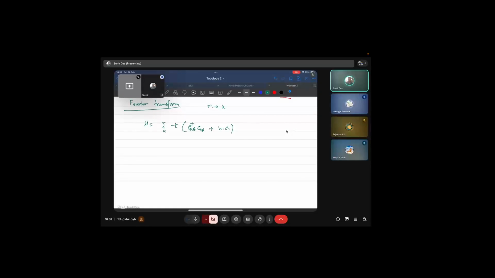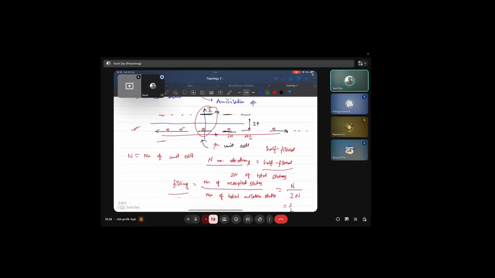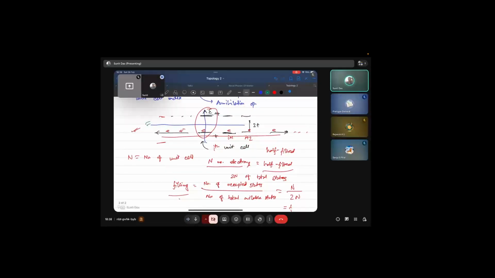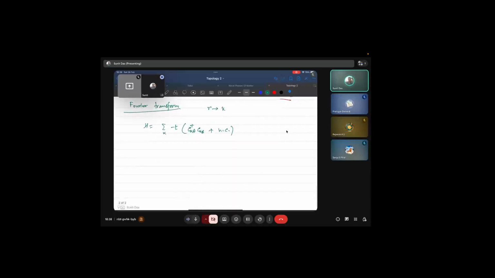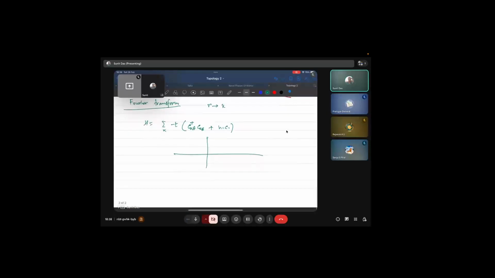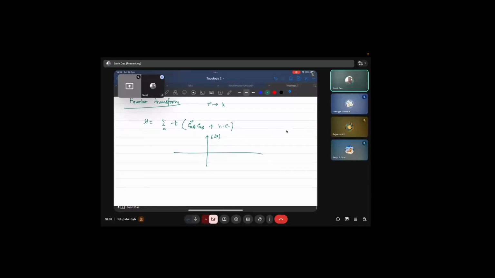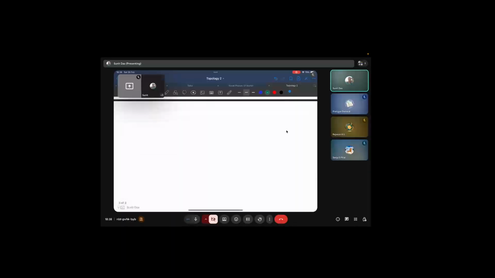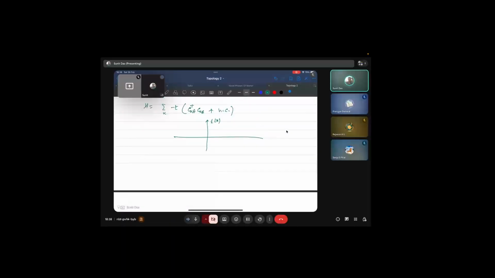If you see this energy landscape picture in the K space, you'll see something very similar. Now the energy will be a function of K, so again there will be two eigenenergies. One is plus t, and one is minus t.